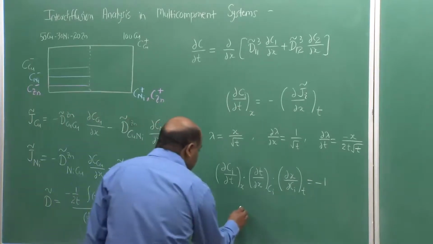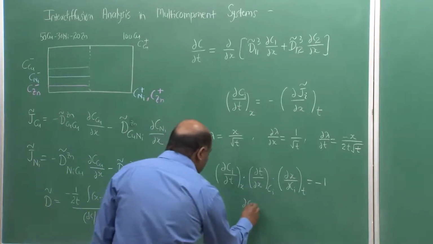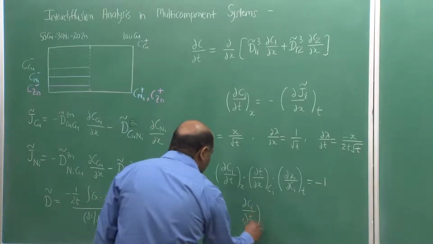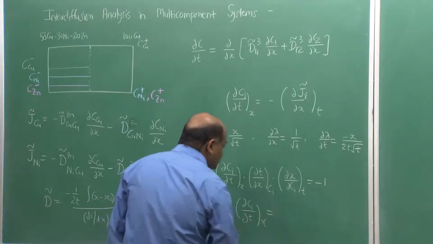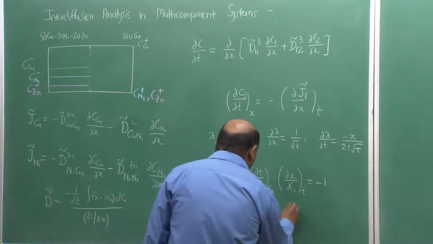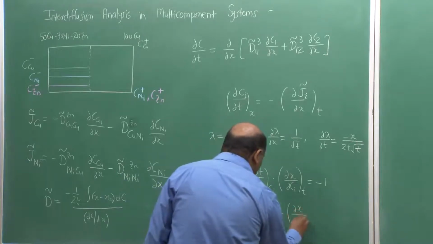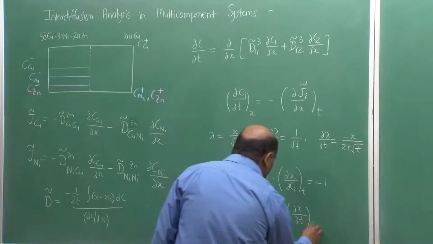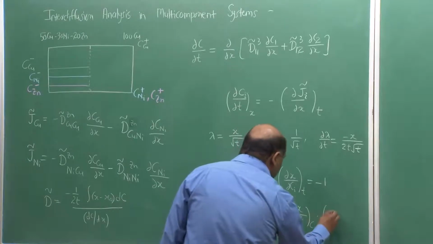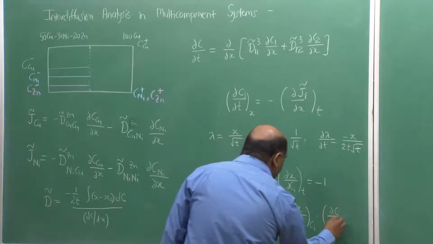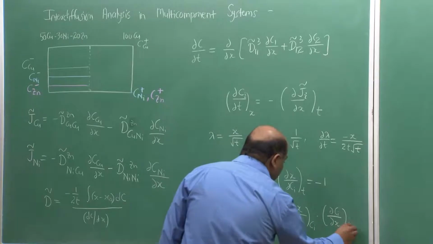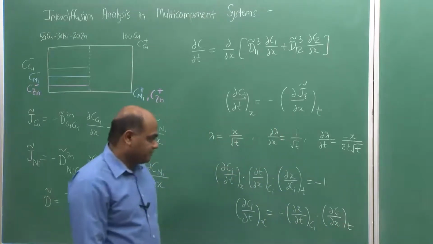So, we get dou C I by dou T at x equal to negative dou x by dou T of C I times dou C I by dou x at T.